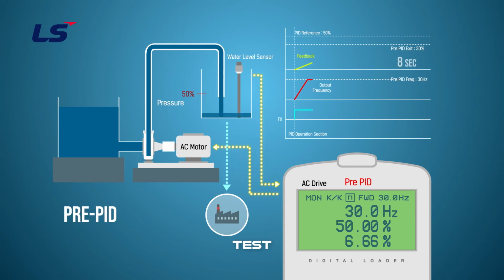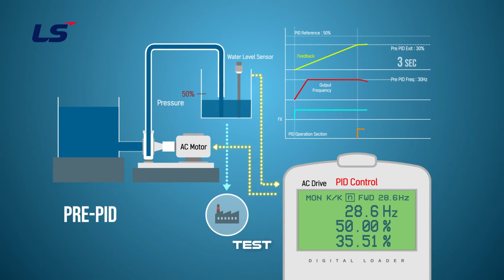If the PID feedback value is less than 30%, it will operate at 30 Hz for up to 10 seconds. If the PID feedback value reaches 30% or more within 10 seconds, the constant speed operation stops and PID control operation starts.